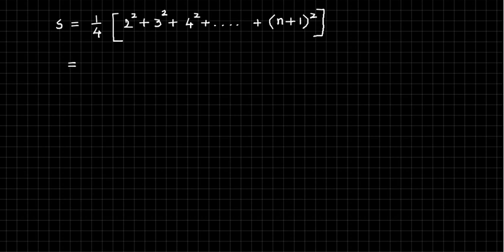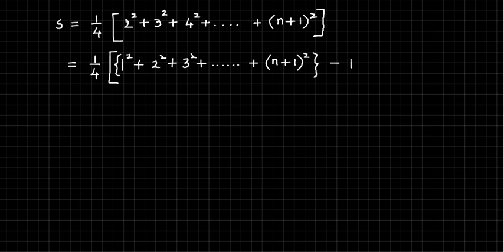So to do that, we will add and subtract the missing number, that is 1 square was missing, so we will add it and then later on subtract it. So 1 square plus 2 square plus 3 square, it goes up to (n plus 1) the whole square, right? And we have to also subtract 1 square because we had added it on our own.